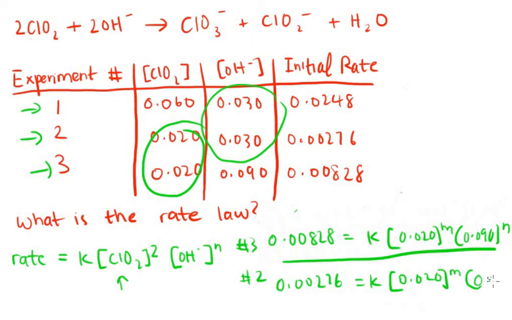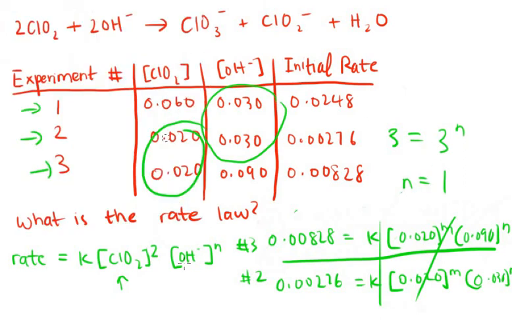Something very similar. These can be deleted. These can be deleted. 0.00828 divided by 0.00276 is about 3, and we simplify this, we get 3 to the n, so we get n as around 1.